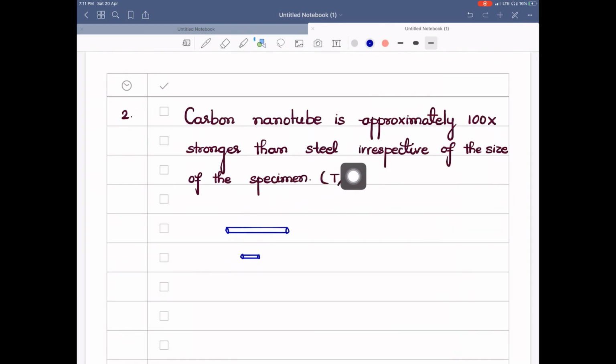So this is not true, because a carbon nanotube is not always going to be stronger than steel. It depends on the size.